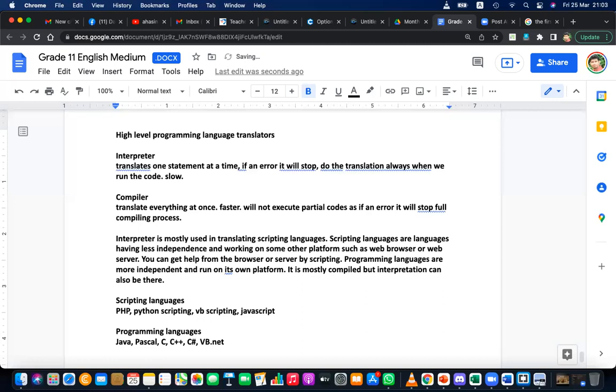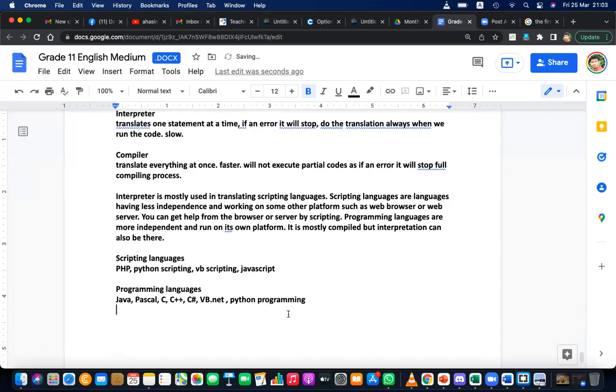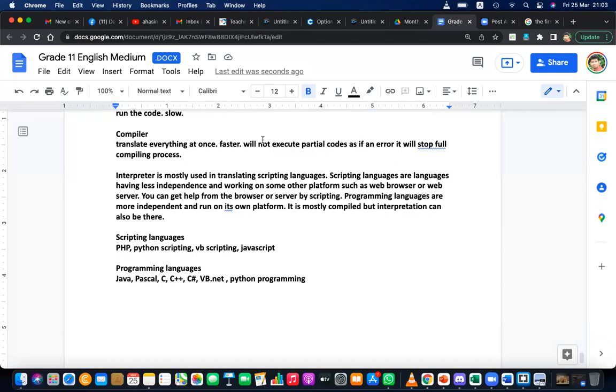So these are programming languages, right? Even Python can be used as a programming language. These are the scripting and programming language differences. Please write down this part as well. Quickly write down this.